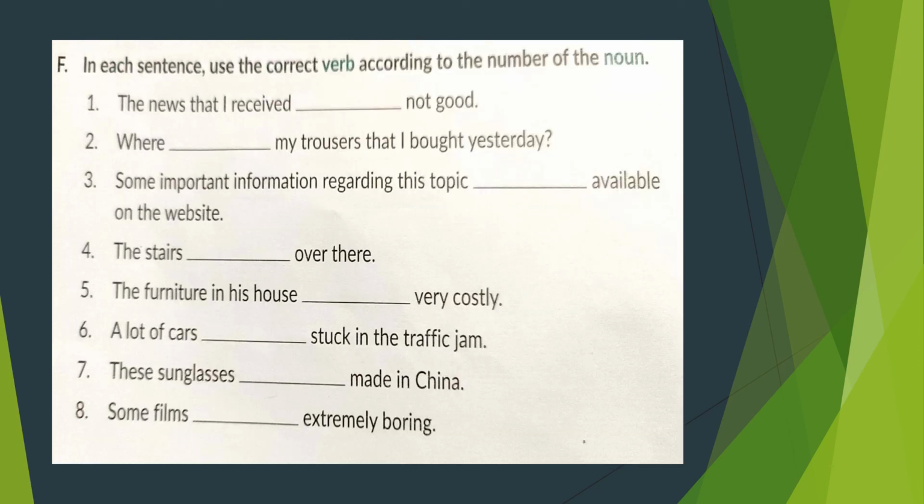Come to exercise F. In each sentence, use the correct verb according to the number of the noun. The news that I received was not good. Where are my trousers that I bought yesterday? Some important information regarding this topic is available on the website. Complete the rest.